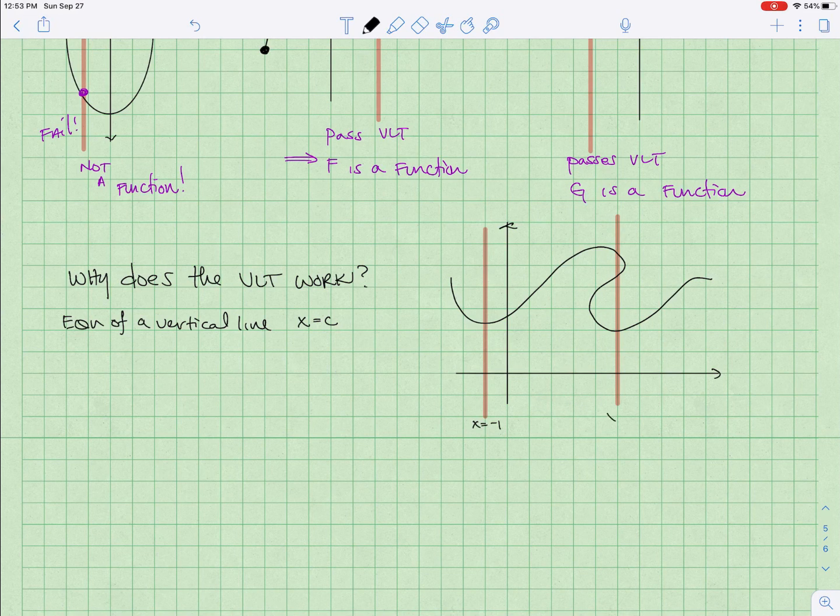And over here, this is x equals 5. So there's a couple of vertical lines. So the equation of a vertical line is x equals c. So each vertical line represents an x value from the domain.